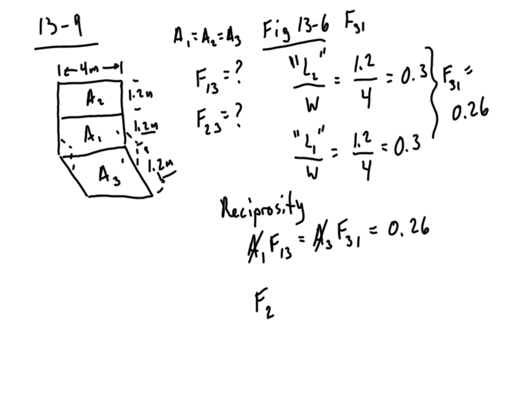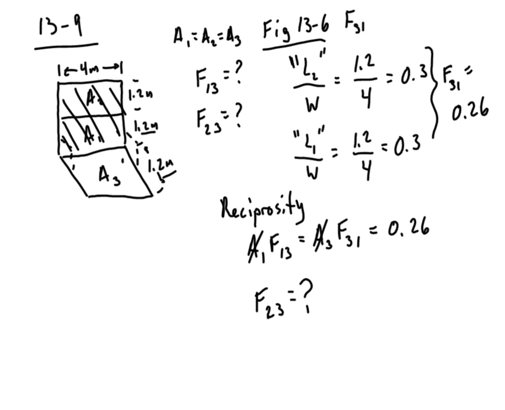Okay. So now, we're still after F2 to 3. How are we going to do that? Well, let's first start by finding the view factor from our surface A3 to the sum of A1 plus A2. So we'll go from A3 and its view factor with these two surfaces, A1 plus A2.